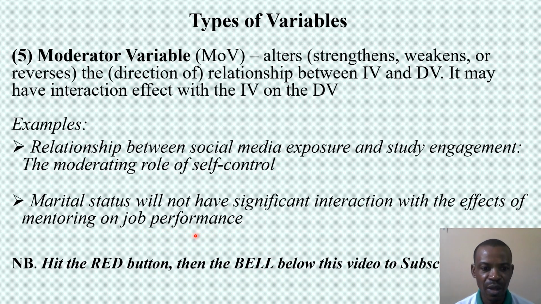But marital status may be that which can strengthen the relationship between mentoring and performance, or weaken it, or reverse it as the case may be. So this is an example of a moderator variable. So let's look into the next variable.